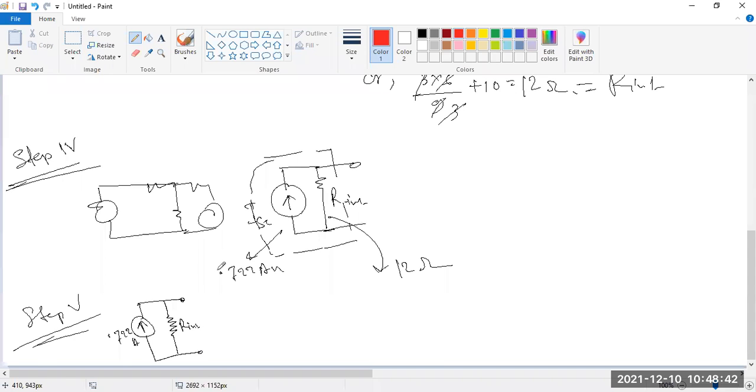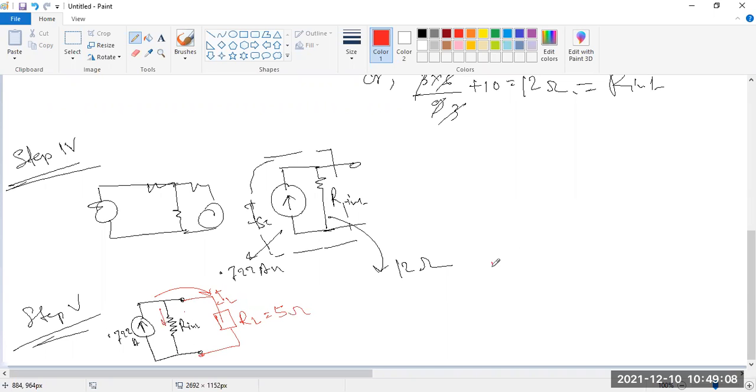Now you have to add to the open terminal the load resistance. Yes, this load resistance is the 5 ohm. You have to add it. Then you have to calculate what amount of current is flowing through this load resistance. Okay, so you can easily use the current division rule.